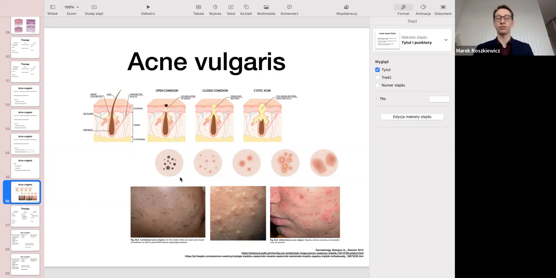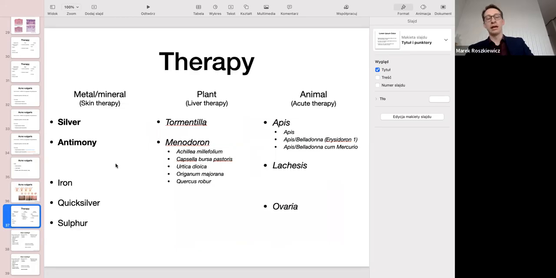This is not such a bad situation. This is the closed comedon situation, and this is the cyst, pustule-like lesions. So basically, we can see the whole process, starting with hyperactivity with two sides, connecting and finishing the process in this thing.